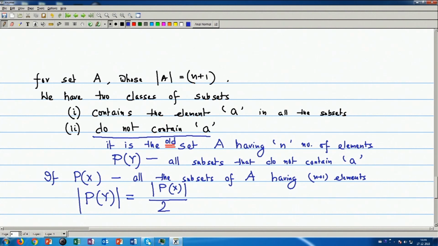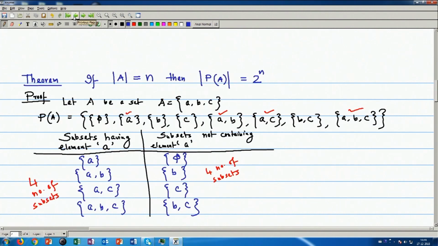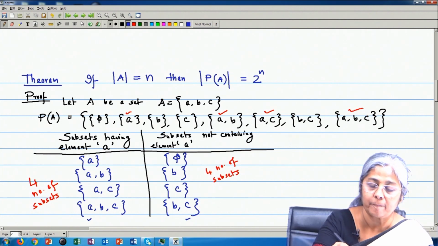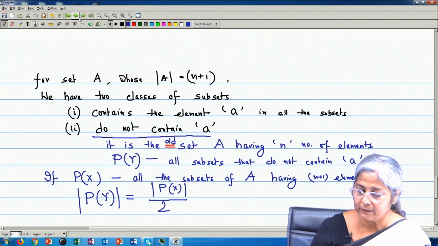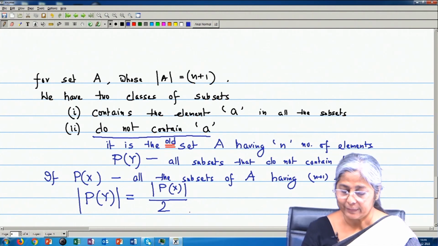Since from the property we have seen, always if we consider one specific element, half of the subsets contain that particular element and half of the subsets do not contain that particular element. So, applying that property, the cardinality of P y is the cardinality of P x by 2.